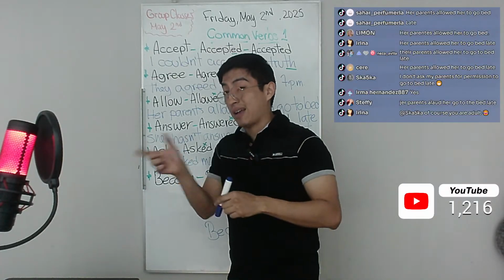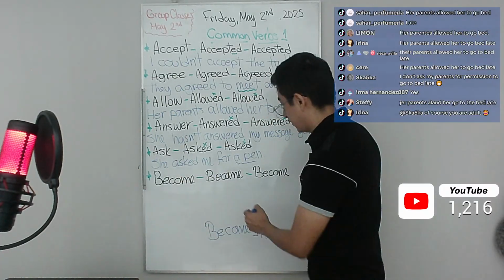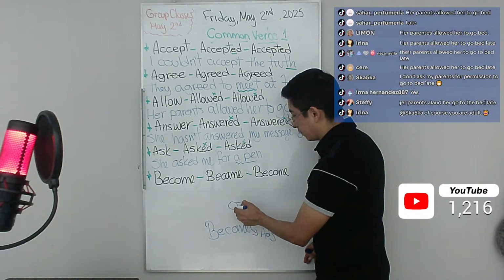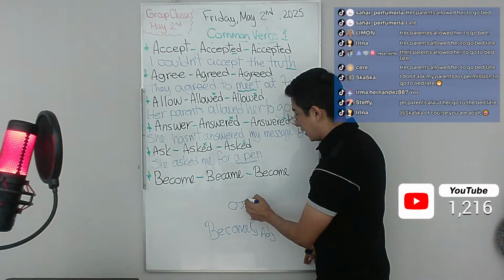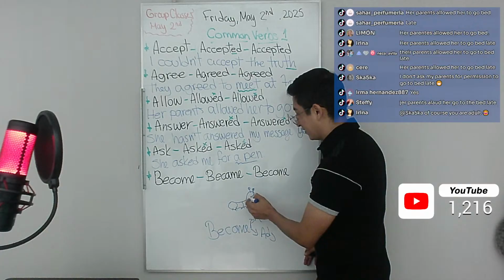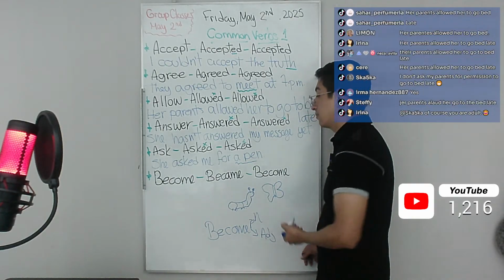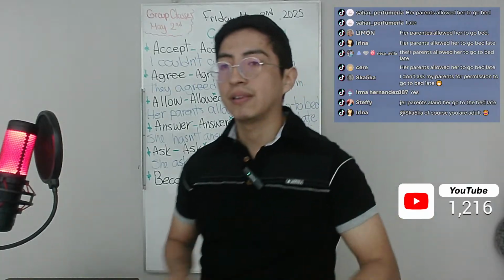He was a caterpillar, something like this, and now he's beautiful. I'm not sure if this is a caterpillar. And then he became a beautiful butterfly, right? So became, very good.